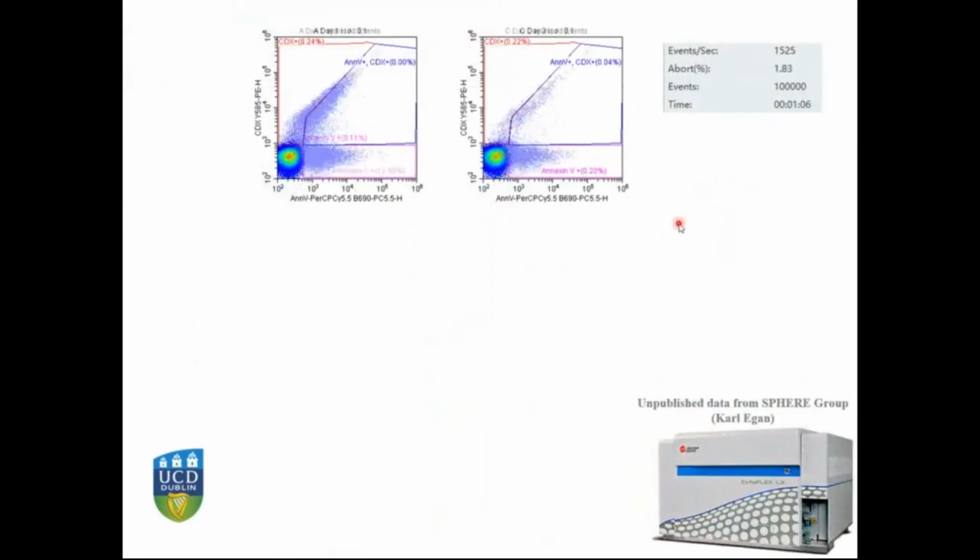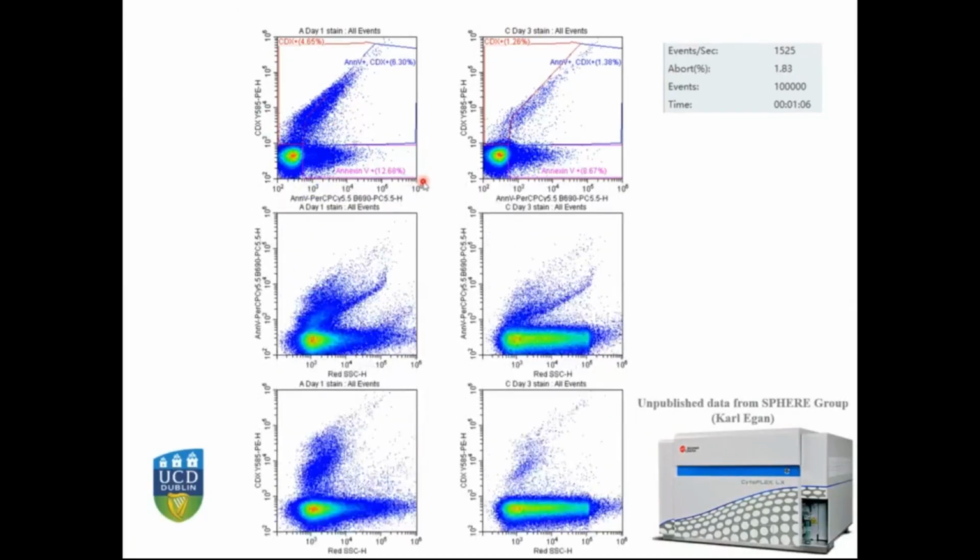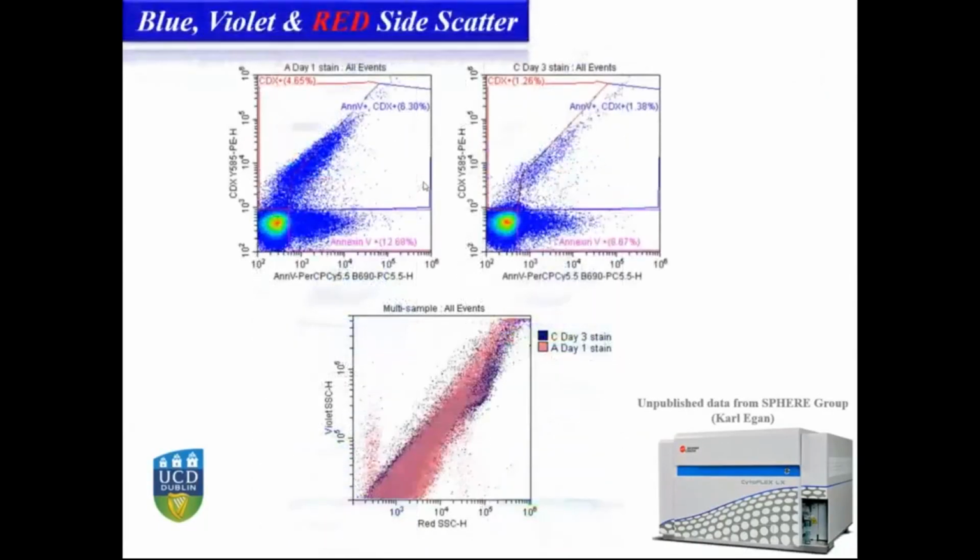In this case, what we have is 2 different samples from the same patient, day 1 and day 3, with markers of interest like annexin 5 and CD markers with double positive. And we can analyze how many of them are expressing, how many of them are co-expressing, and how are they looking like.